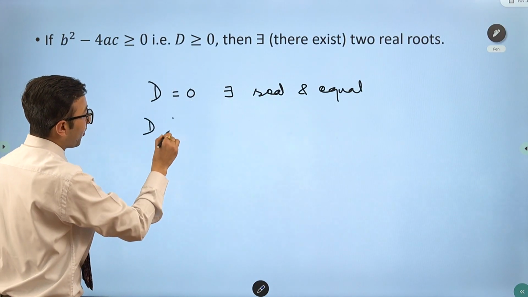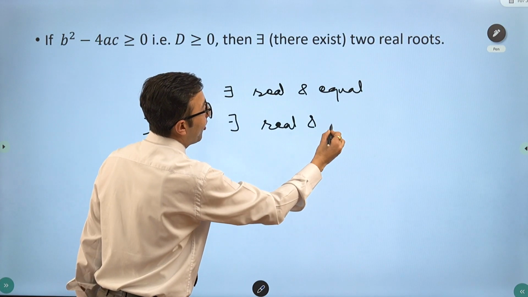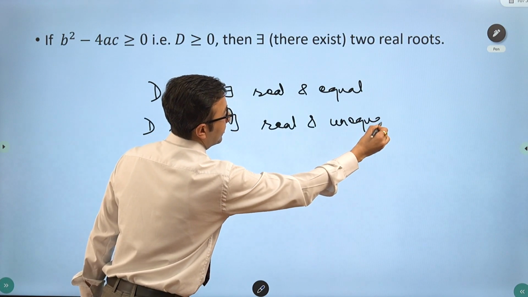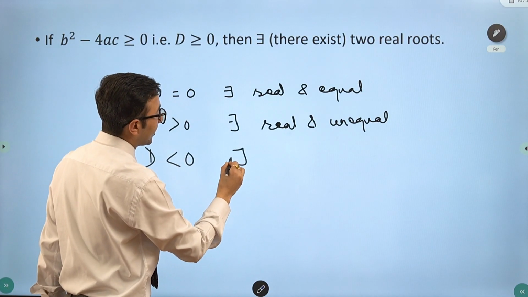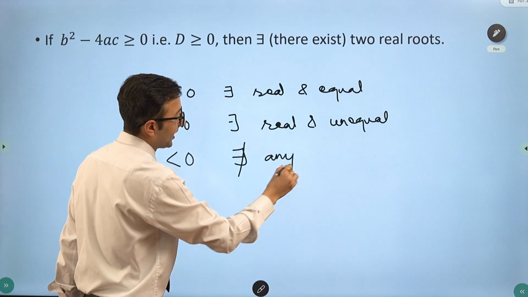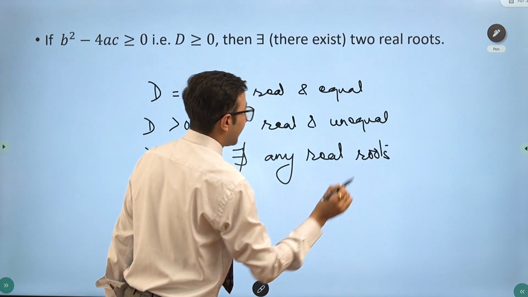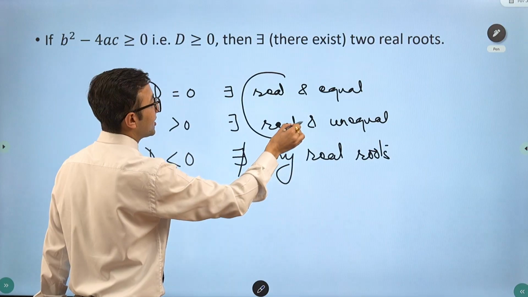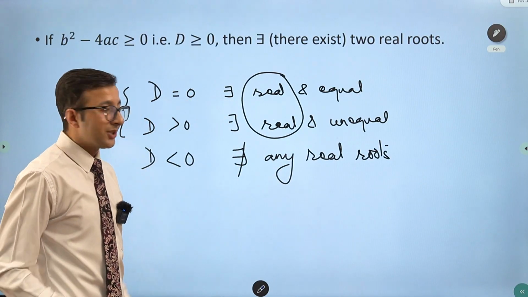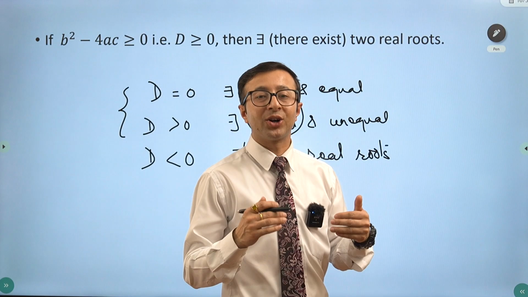If the discriminant is positive, there exist real and unequal roots. If the discriminant is negative, there does not exist any real roots. In these two cases, real roots are there, so if the discriminant is either 0 or positive, there are real roots.